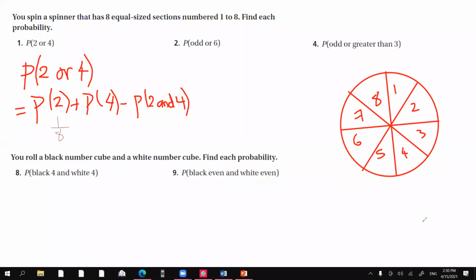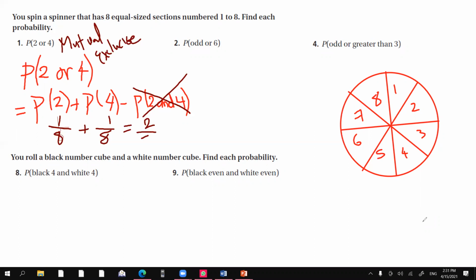Now, what is the probability of 4? 1/8. Now, what is the probability of getting 2 and 4 at the same time? It cannot be. It will be 0. So this will be mutually exclusive. So the answer is 2/8 or 1/4.